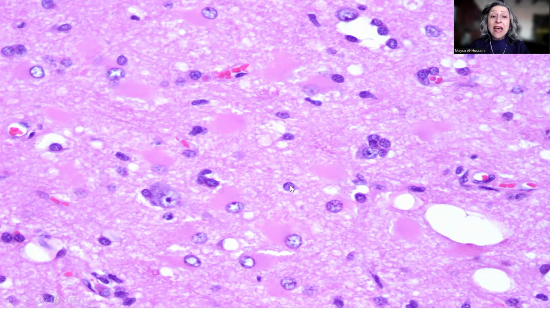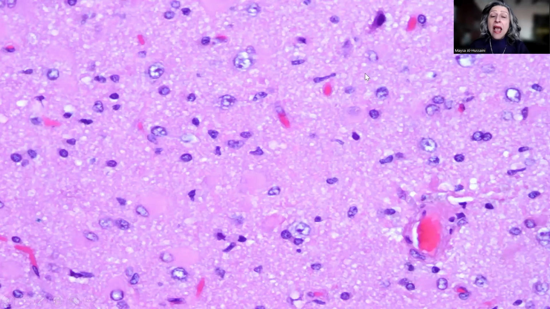Of course, remember that in the temporal lobe in particular, we can encounter some normal neurons slightly deep in the white matter. This is an absolutely normal occurrence. This should not prompt us to diagnose the case as ganglioglioma, for example. And again here, more of those gemistocytes.